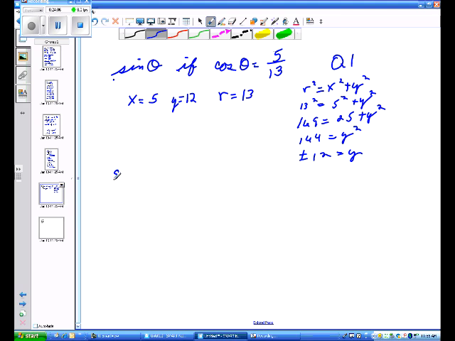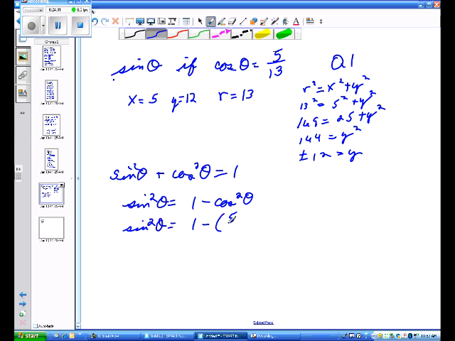So our Pythagorean identity says that the sine squared plus the cosine squared equals 1. Well, if we're wanting to know what sine squared is, then sine squared equals 1 minus cosine squared. So there's that Pythagorean identity. We don't know the sine squared, we know that the cosine is 5/13.